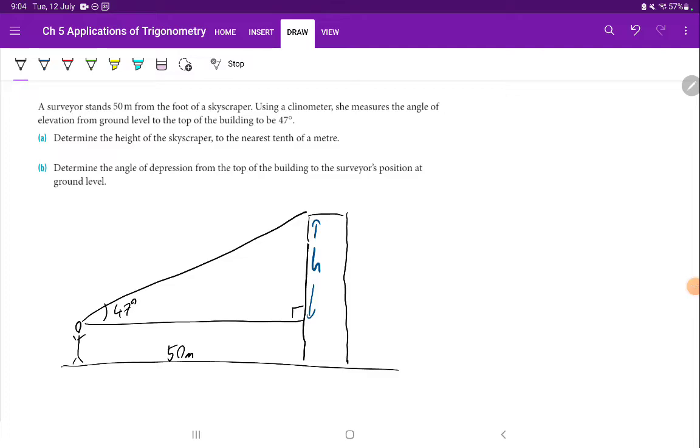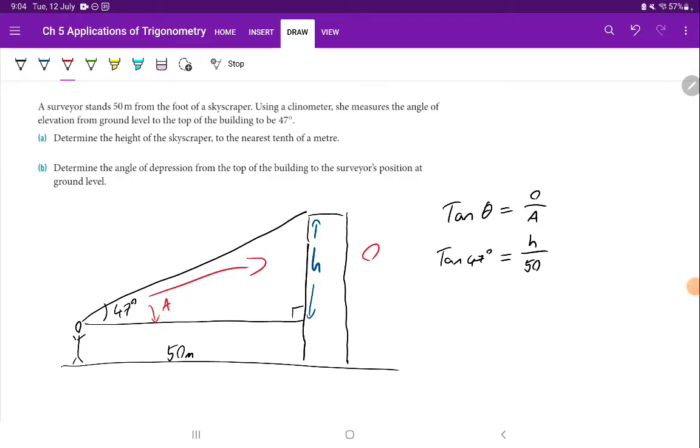Alrighty, so we've got a right angle here, 47 degrees here. This side down here is the adjacent, and this side over here is the opposite. Like I said, we do a lot of tan, because that is TOA: tan theta equals opposite over adjacent. Tan of 47 degrees equals the opposite, h, what we're looking for, over 50.